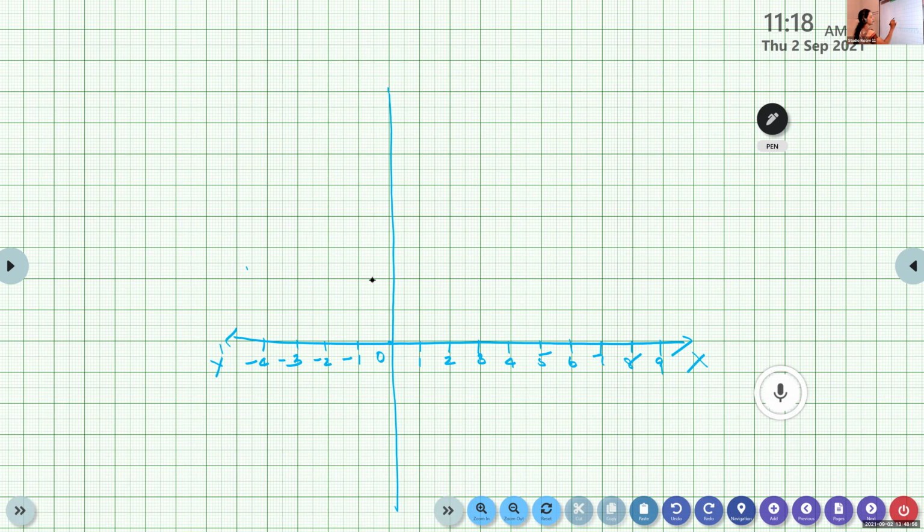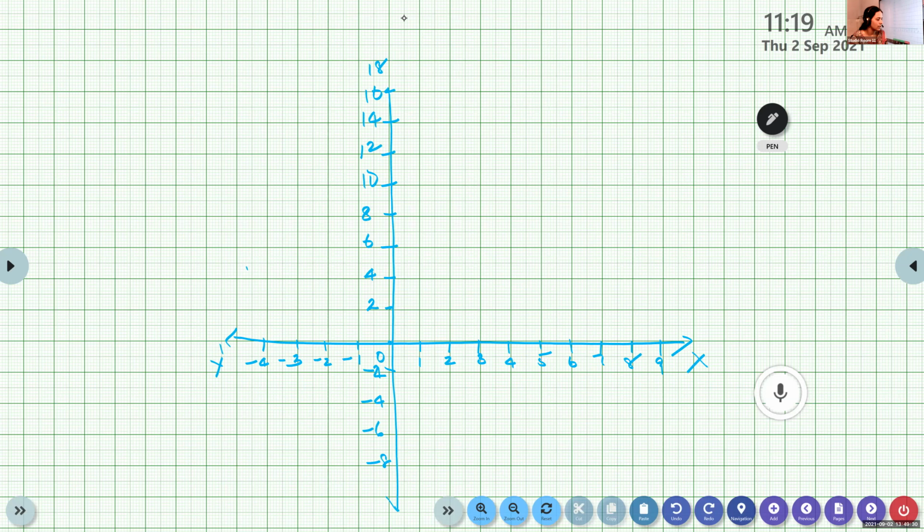You can take 2 units or 1 unit. 2, 4, 6, 8, 10, 12, 14, 16, 18. Here again -2, -4, -6, -8. Mark this as y, y dash.